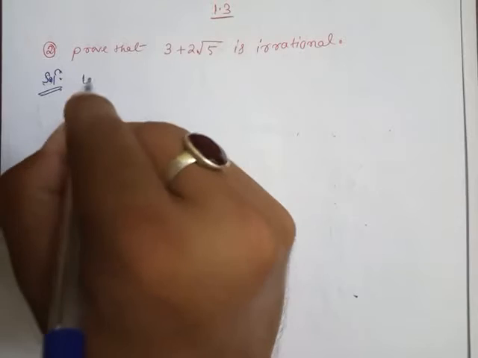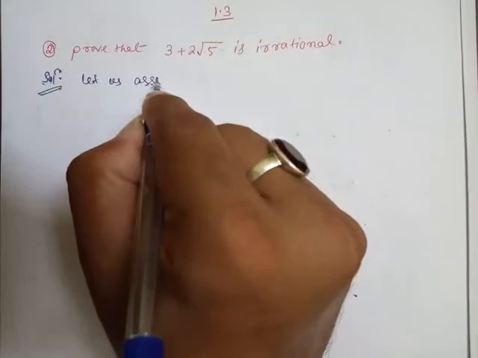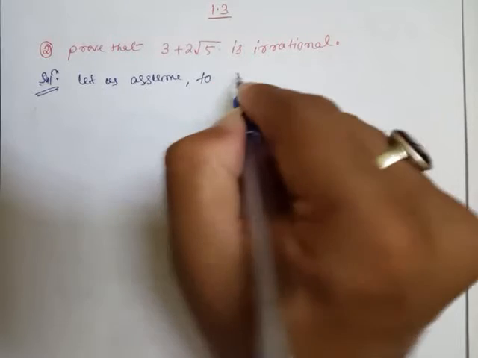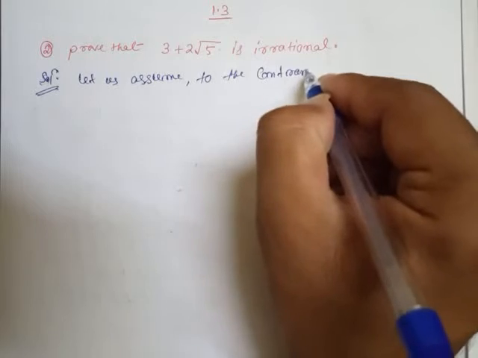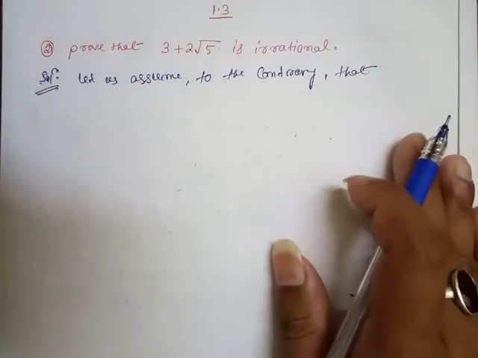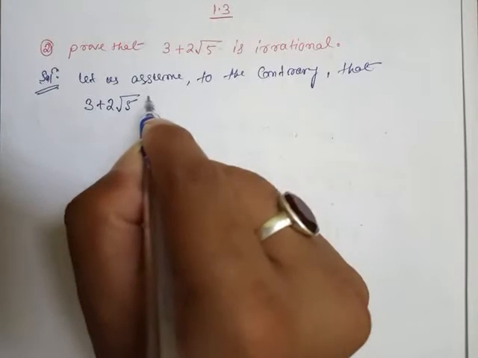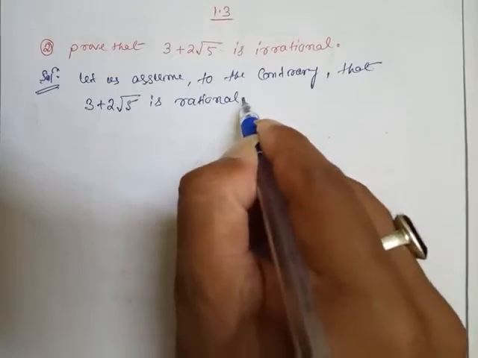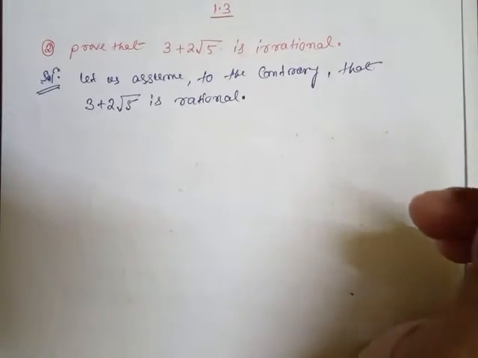Now let us assume to the contrary that 3 plus 2 root 5 is rational. First of all, we are taking this as our assumption. Actually, 3 plus 2 root 5 is rational.